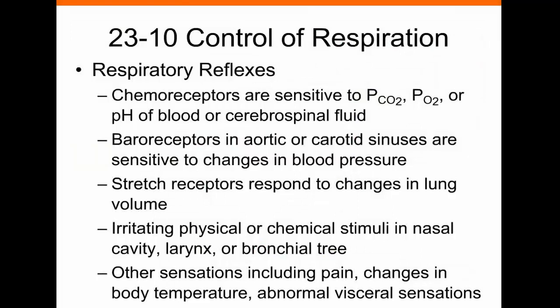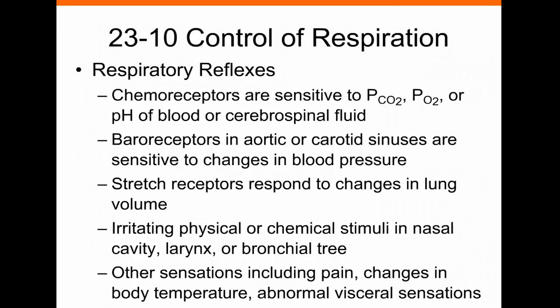So if we look at the respiratory reflexes, the chemoreceptors are sensitive to changes in the partial pressure of carbon dioxide and the partial pressure of oxygen, or the change in the pH of blood or cerebrospinal fluid. So they're very sensitive. The baroreceptors are located in the aortic or the carotid sinuses, and they're sensitive to changes in blood pressure, because of course they're located in big blood vessels.